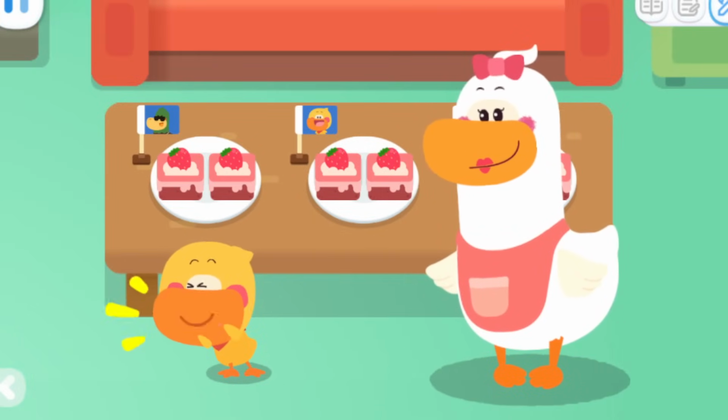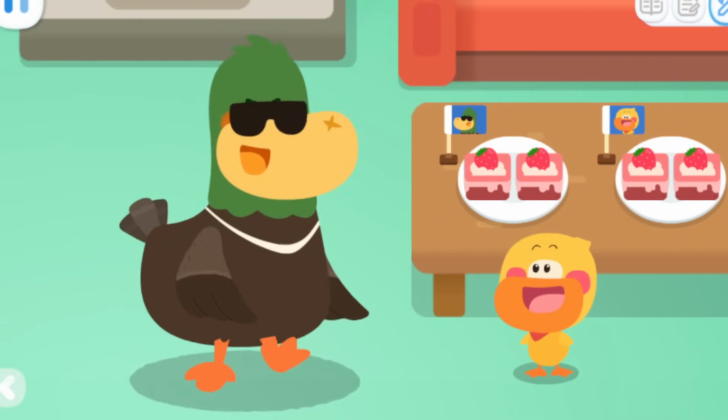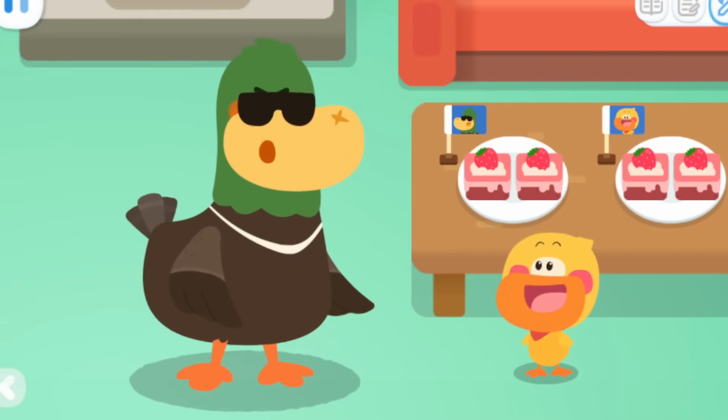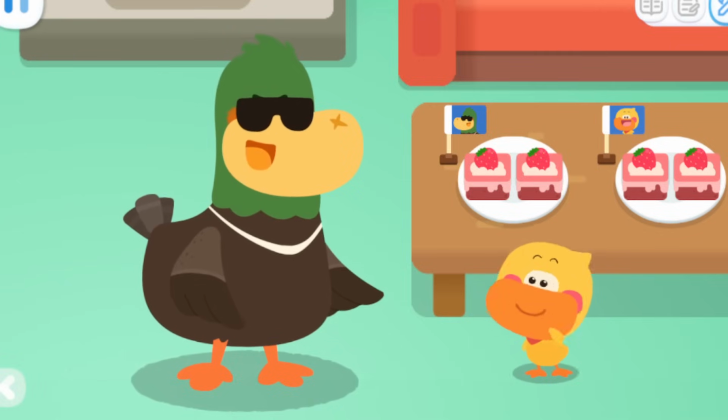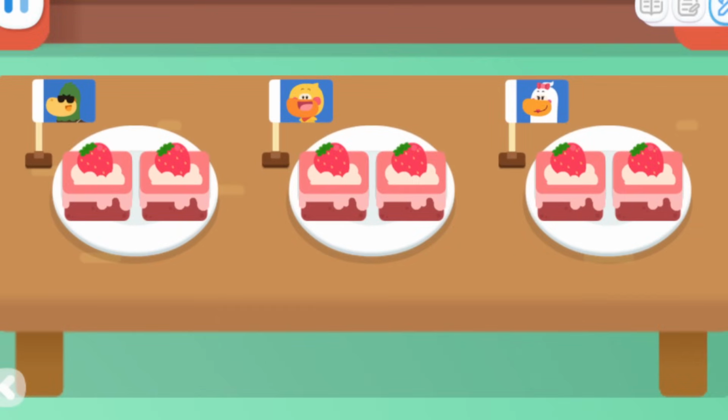Dad, come and have some cake. Thank you, sweetheart. I'm not hungry. Enjoy them with your mom. All right, then. Divide the cakes on Dad's plate equally between Mom and me.